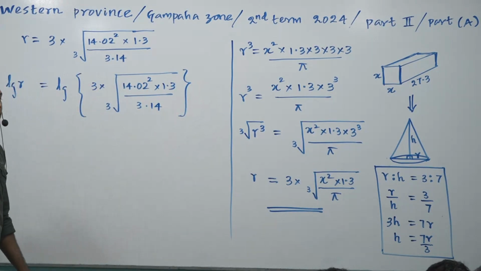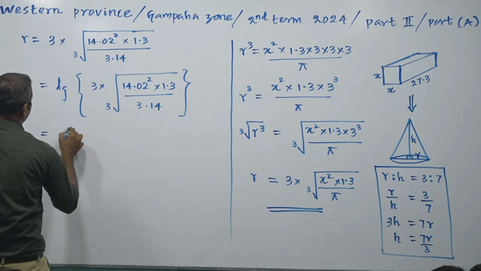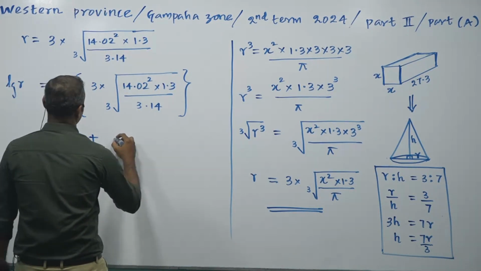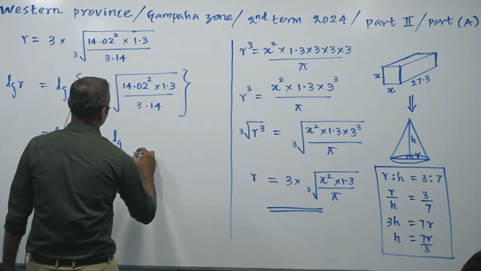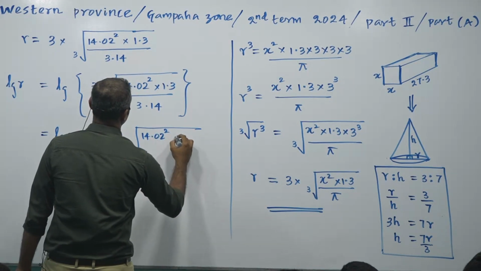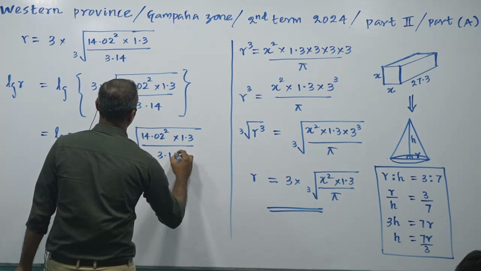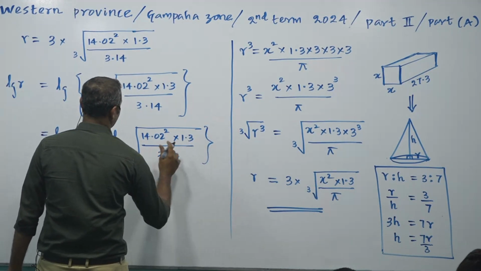Then instead of multiplication we can add. So lg 3 plus lg cubic root of 14.02 squared into 1.3 over 3.14.